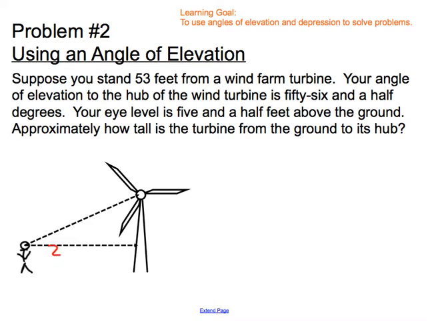We know that our eye height is 5.5 feet from the ground. So 5.5 feet here. Again, we know that we are 53 feet from the wind farm turbine itself. We know that this angle is 56.5 degrees.